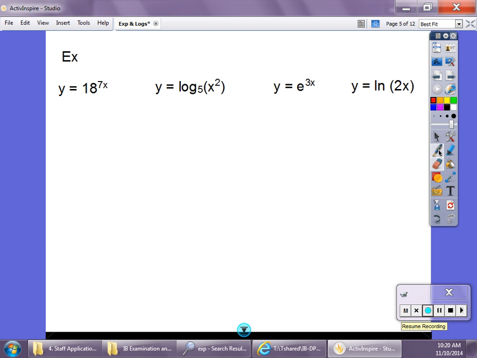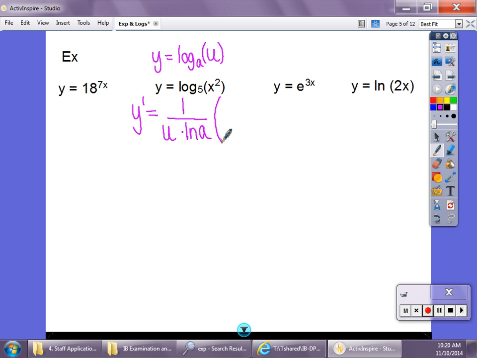So let's identify what they've given us. y equals log base a of u. Notice how I say it: log base a of the function u. Well, what is the derivative of that? 1 over u times the natural log of a times du dx, the derivative of the function u with respect to x.